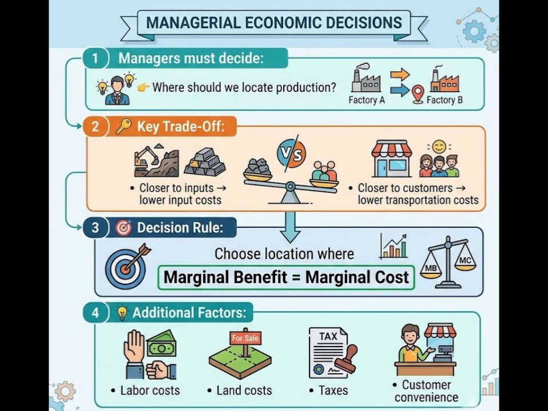Managers must decide where should we locate production. Here's the key trade-off. Closer to inputs means lower input costs. Closer to customers gives lower transportation costs. Here's the decision rule.